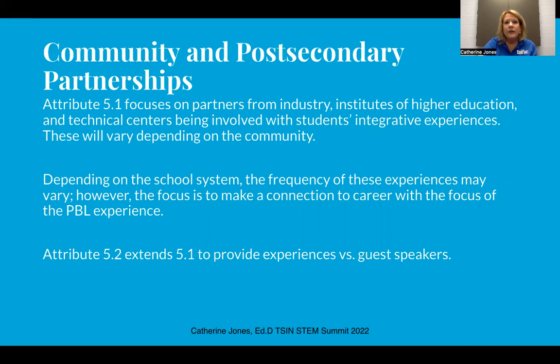Attribute 5.2 extends attribute 5.1 to help illustrate a career experience versus a career guest speaker. Career experiences are where a community partner is more involved with the PBL or with whatever the experience is.